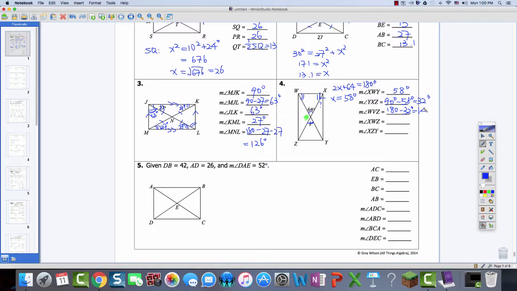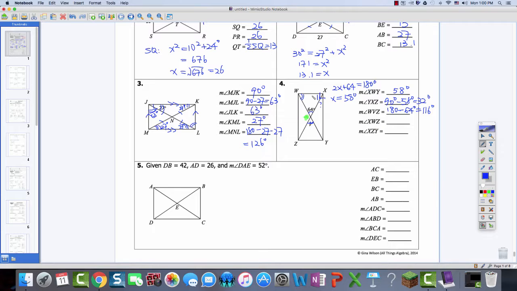I'm sorry, I made a mistake there. Not 32 degrees, minus 64 degrees, because that 64 degrees is supplementary to the green dot. So I should have 116 degrees.